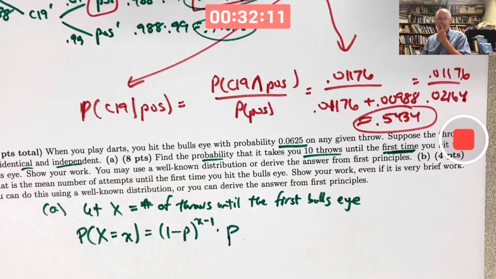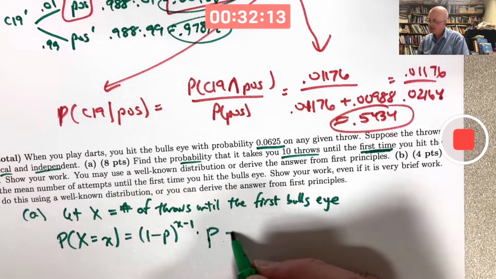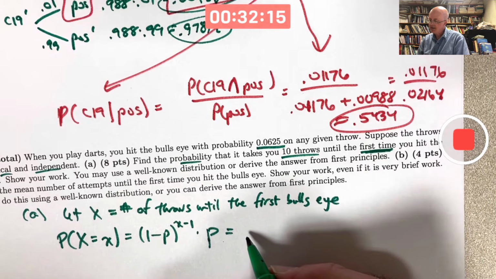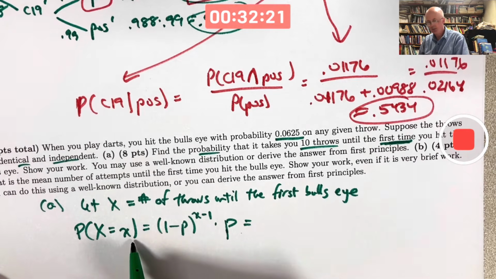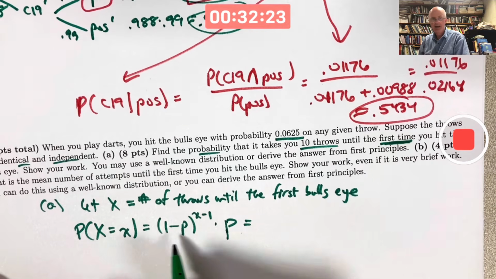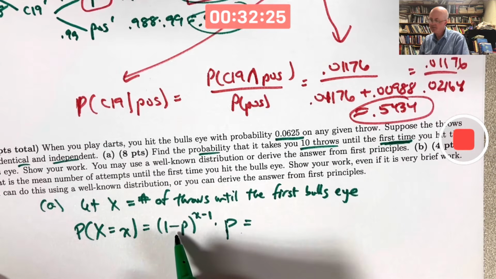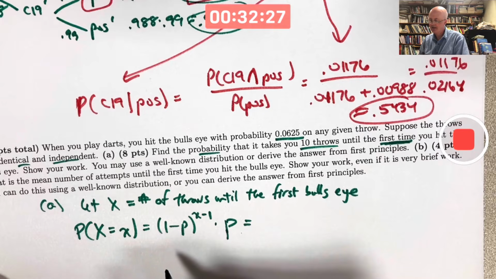That's the general formula for the probability that a geometric random variable, the number of trials till the first success, equals a particular number x. It means you had x minus 1 failures and 1 success at the very end.